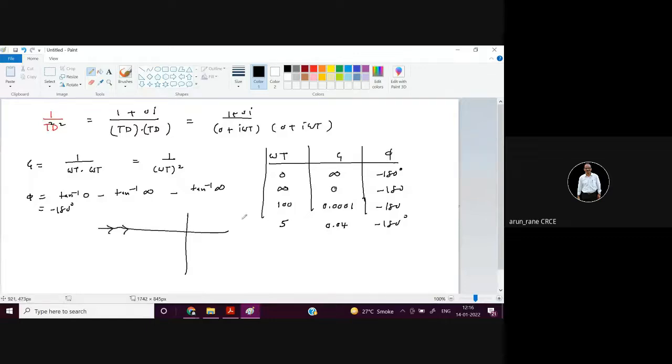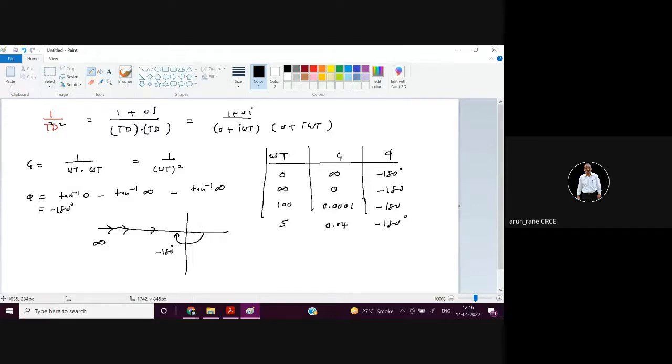This is your infinity, and this is your minus 180 degrees. It will approach 0, from infinity to 0. So g will change from infinity to 0 and phi will remain minus 180 for all the values of omega t.